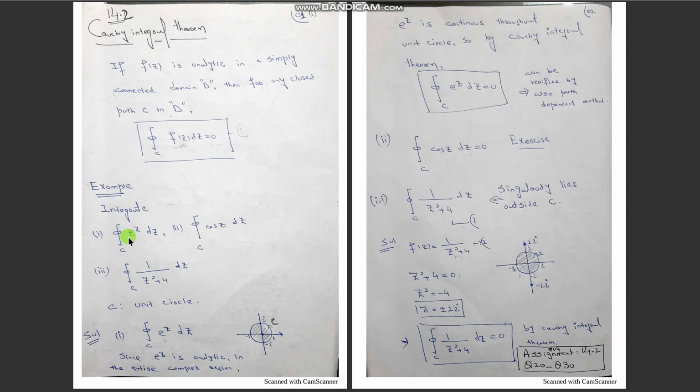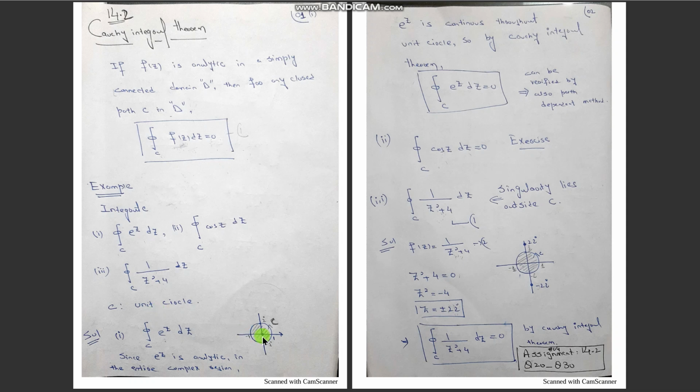For example, if we take the function f of z is equal to e to the power z and we integrate this function on a unit circle, since e to the power z is analytic in the entire complex plane, the integral of this function along C, where C is a unit circle, is 0.